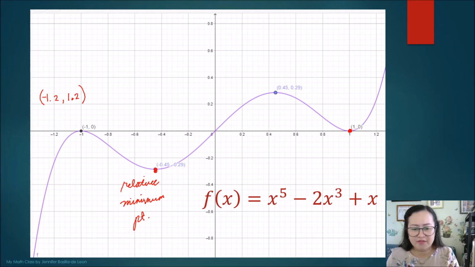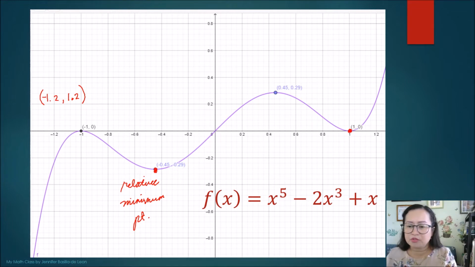So this means that the relative minimum point may not be the lowest point on the graph. As long as this point is lower than the points adjacent to it, it can be considered a relative minimum point.